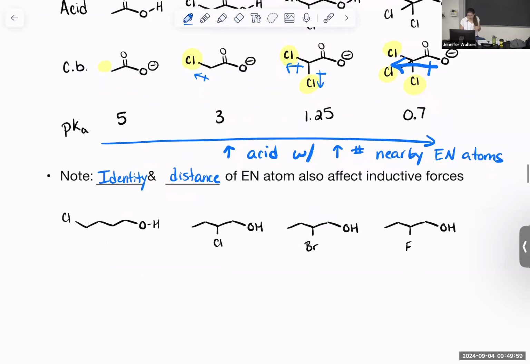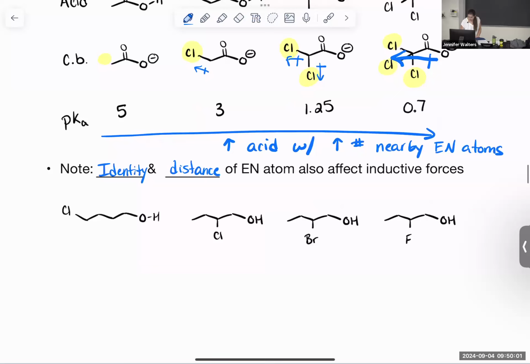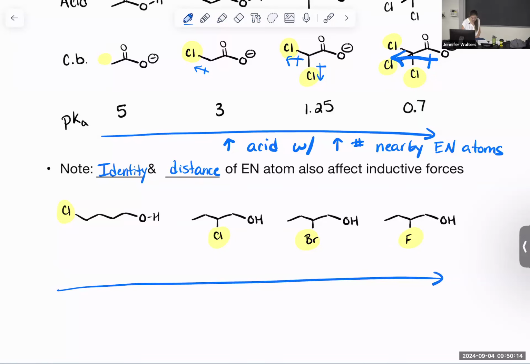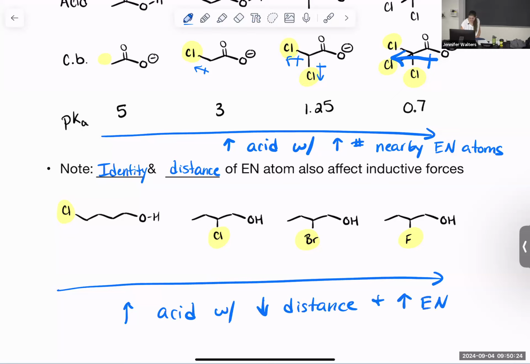So as we compare these, where I have chlorine really far away versus chlorine closer, compared to getting more electronegative atoms, I'm going to ultimately be increasing my acid strength with decreasing distance and increasing electronegativity.